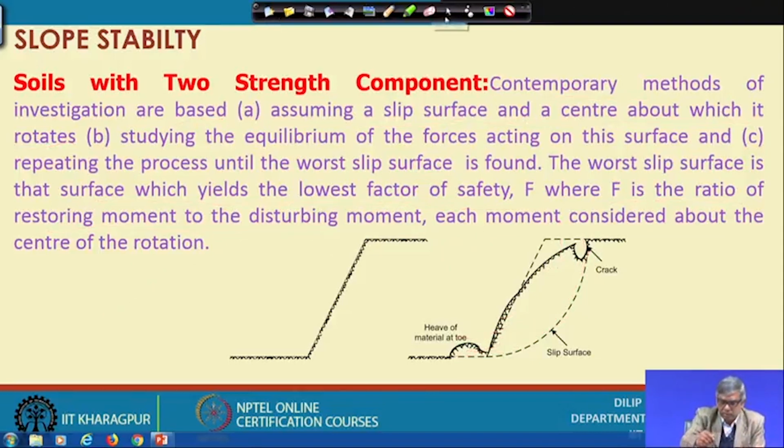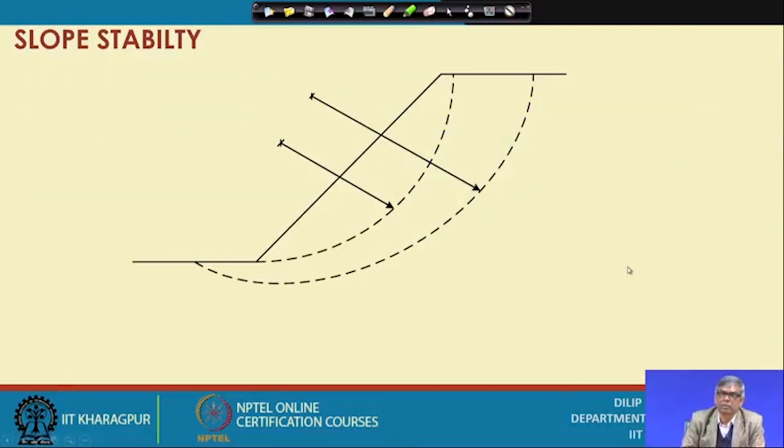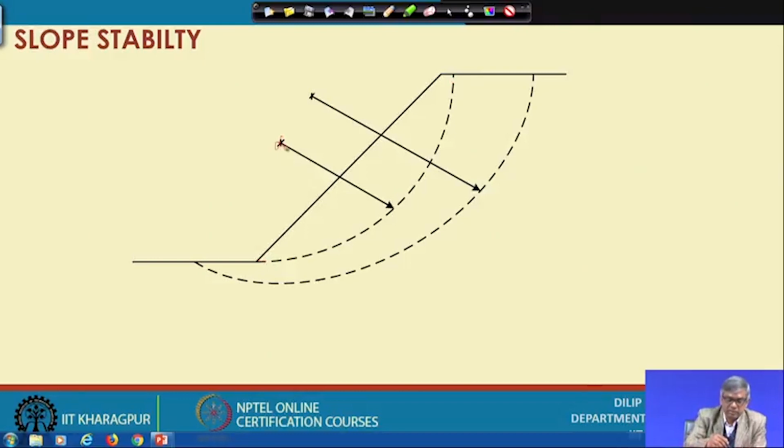These are the procedures generally followed. You can see here, initially this slope failure surface starts from the toe and passes through the slope considered, then this is the center, and you do the analysis. Another slip surface is this one with this center, and you do the analysis.